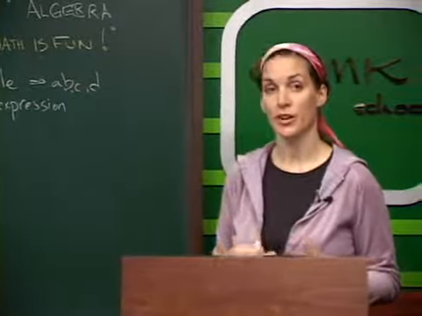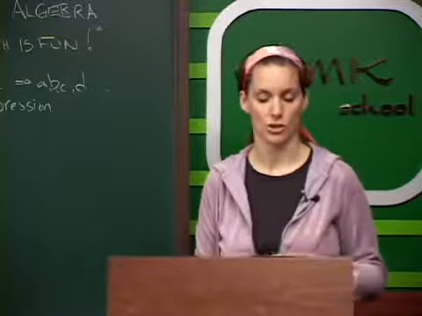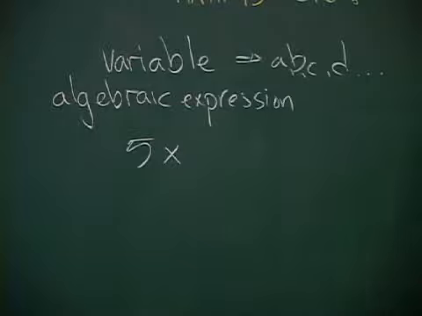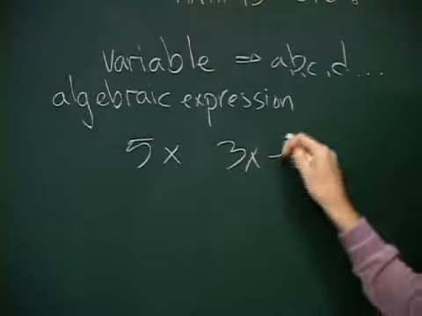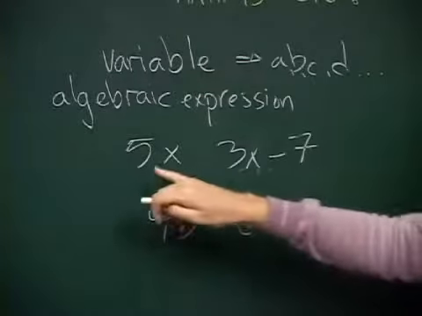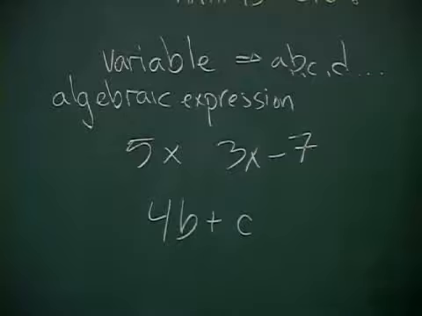So it uses numbers and variables and arithmetic operations like addition, subtraction, multiplication, or division. Here are some examples, the same ones from your text. So we've got a number, a variable, a mathematical calculation.